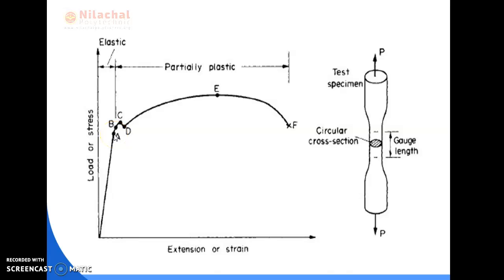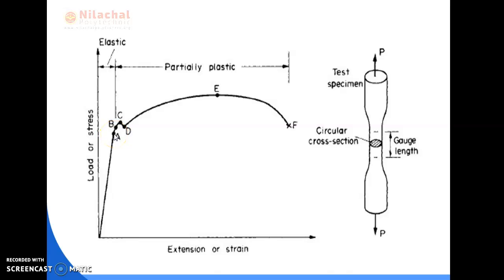The load is now increased up to point B. From A to B, a curved line is obtained, suggesting that the plastic deformation of the body is going to start.